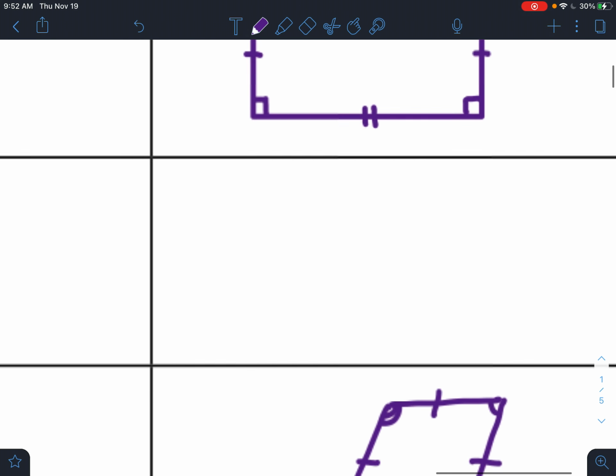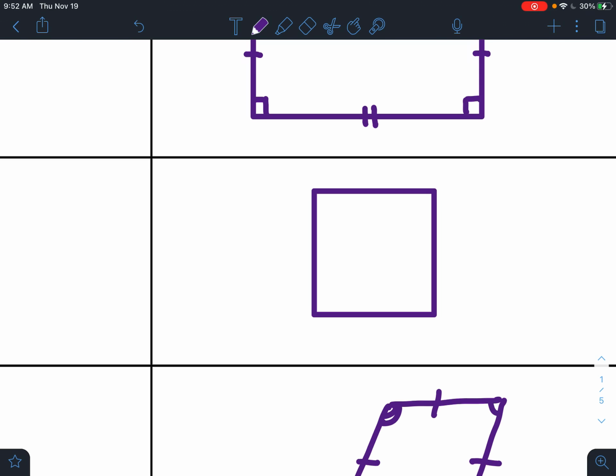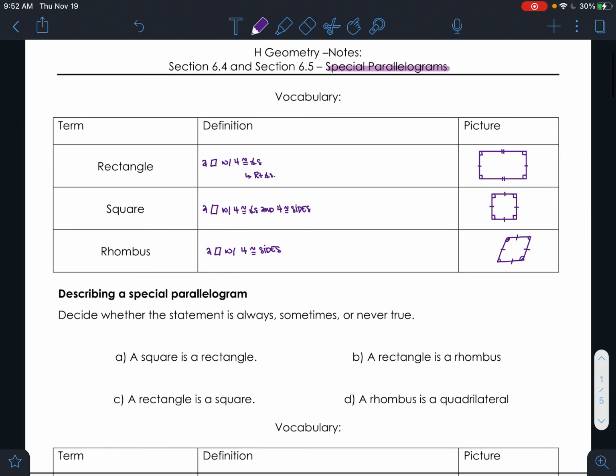So if I would draw my square, it's super special, all right, because it has all the properties of a rectangle and a rhombus. So I'm going to go ahead and mark all 4 of those sides congruent, and then all 4 of those angles as congruent. So those are our special parallelograms.